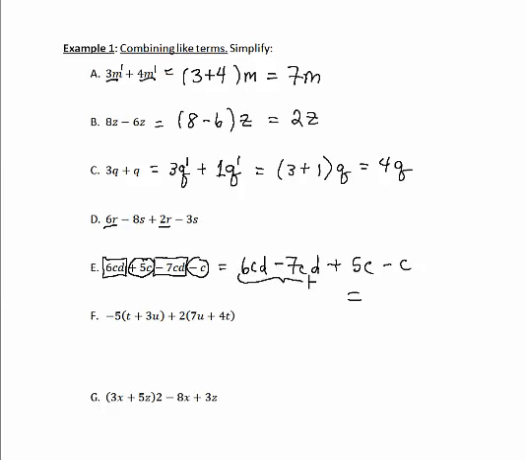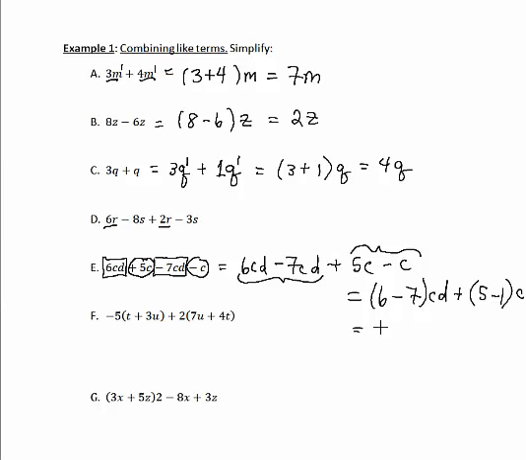With the first pair of terms, I could write 6 minus a 7 CD, and then I could write plus, and the second pair of terms, 5C and minus C, I could write 5 minus 1 with a C behind it.